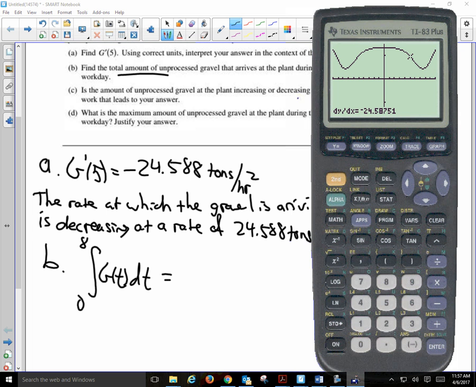Tell them what you plugged into your calculator. So I'm going to do second calculate, and I'm going to do number 7. I'm going to go from 0 to 8. And I get 825.551 what? Tons. There's that many tons of material that are brought in.